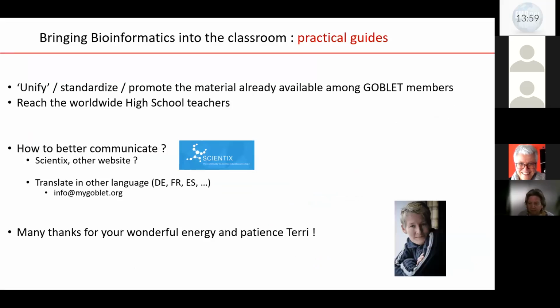So I think these guides are really good to bring bioinformatics into the classroom. They unify, they standardize, and they promote the material which is already available from different GOBLET members, so we can reach high school teachers worldwide. And the question was raised that translation is very important.